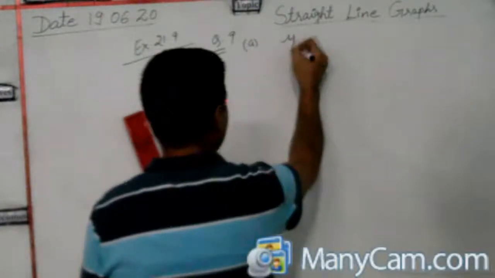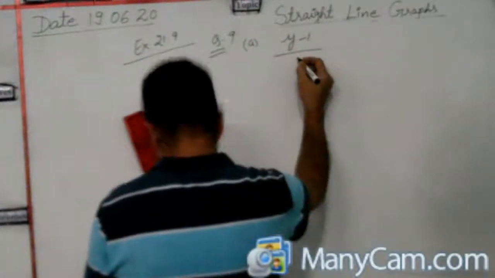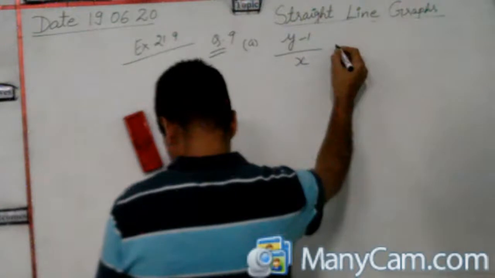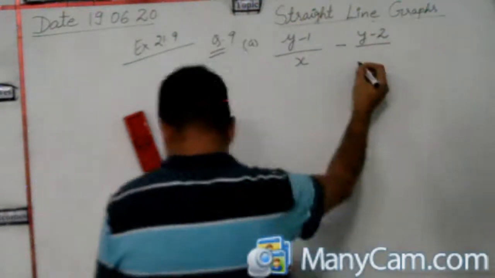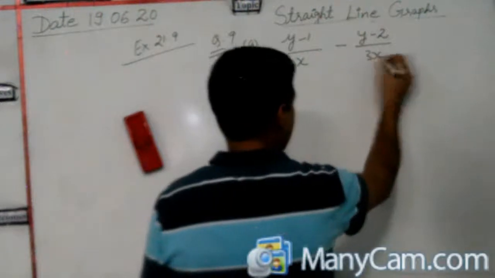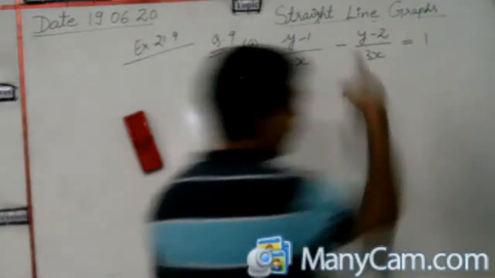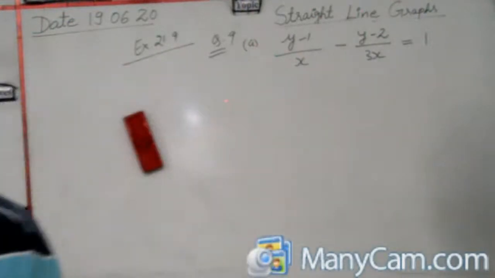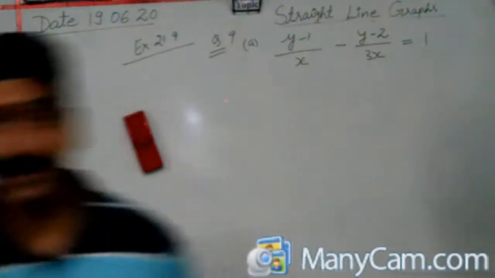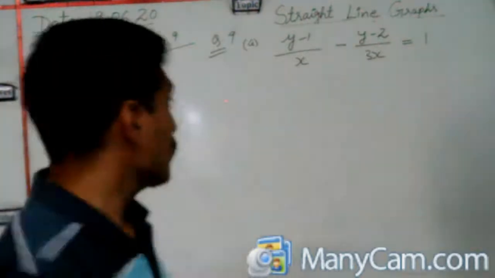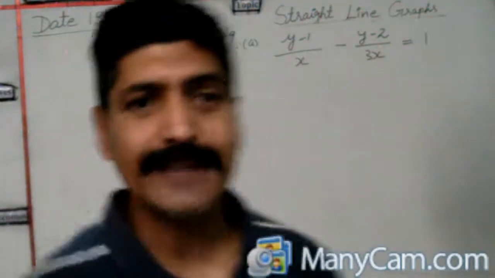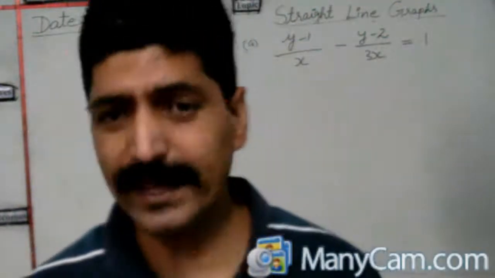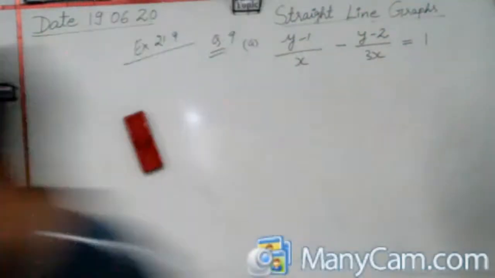Here we have the equation of a line in this form, ax minus y upon 2 upon 3x is equal to 1. Write the equation of the line again, and write the values of a, b, c. So we can solve in the same way, and as time is less, we can go for the last exercise, some questions.